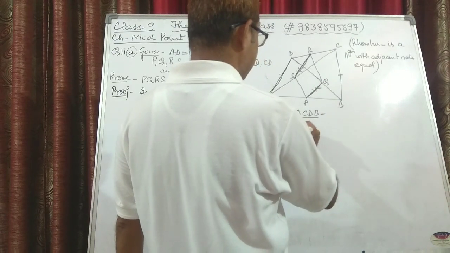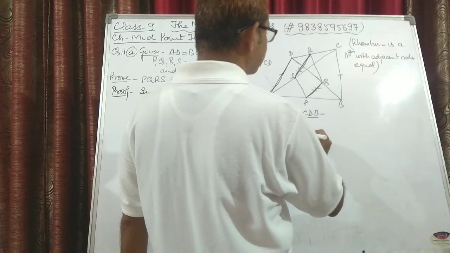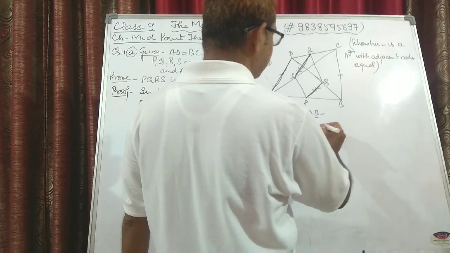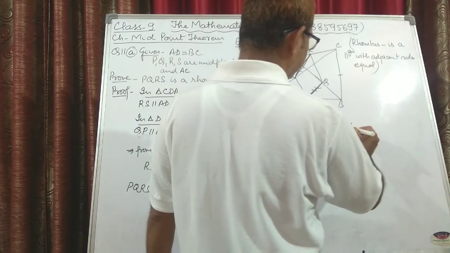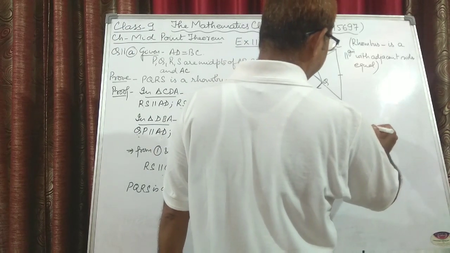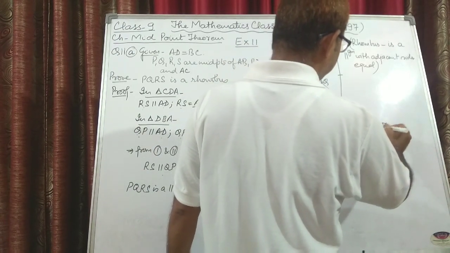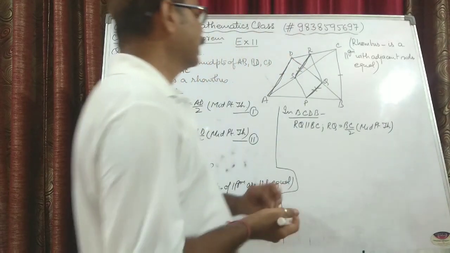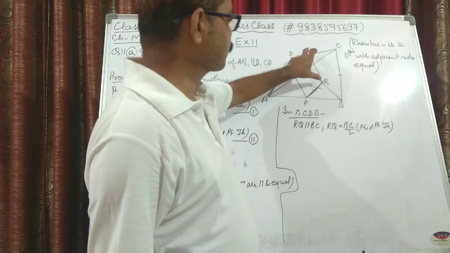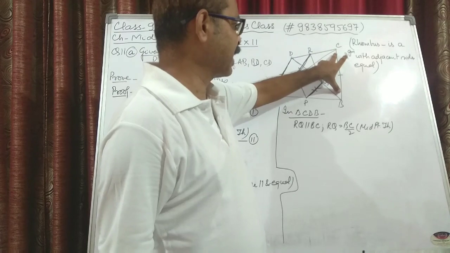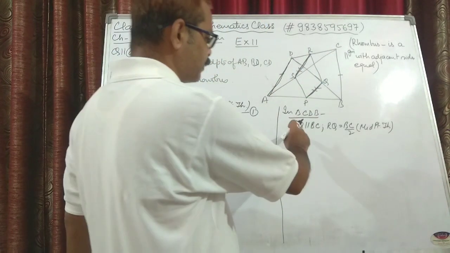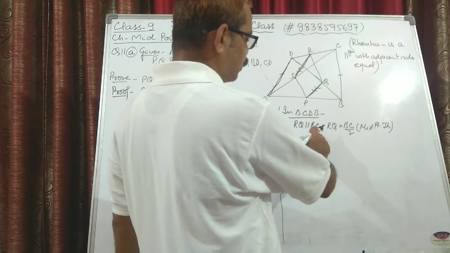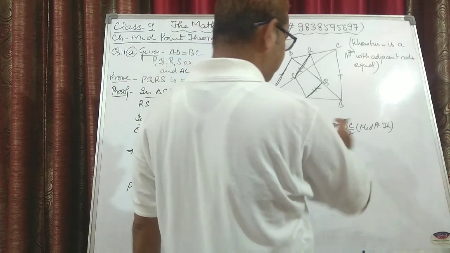So we can say that RQ is parallel to BC, and RQ is half of BC. The reason is again the midpoint theorem, because we know that in a triangle, if a line joins the midpoints of two sides of a triangle, it is parallel to the third side and equal to half of it. That is the midpoint theorem. So we have proved that RQ is parallel to BC and RQ is half of BC.